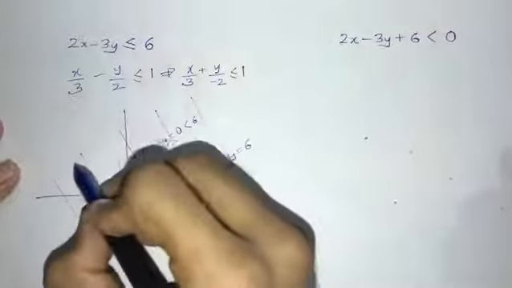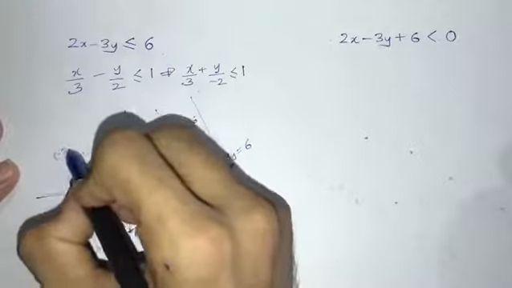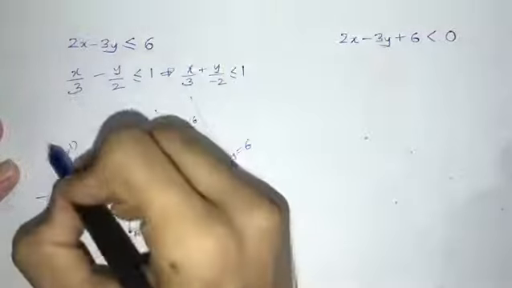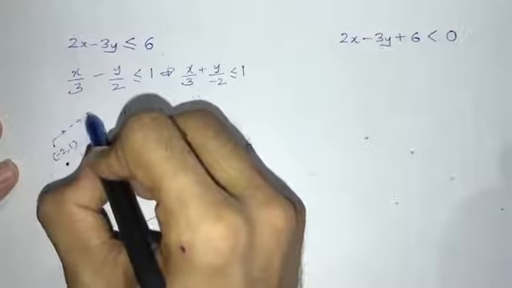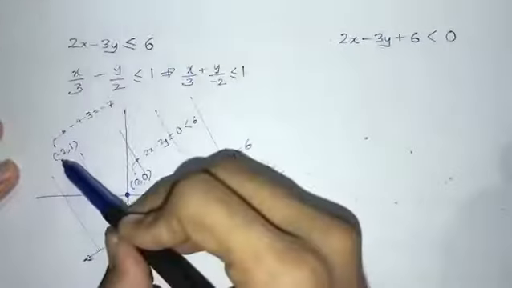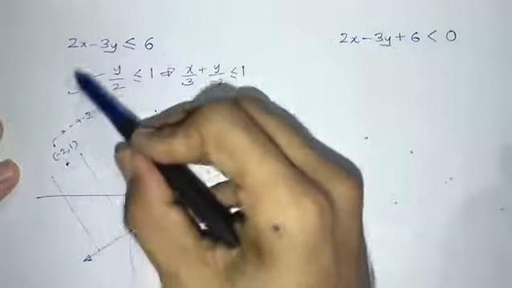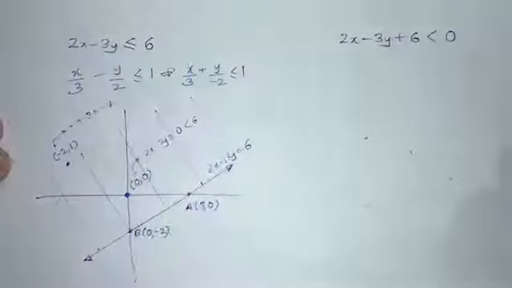We can check with different values. Let us take minus 2 comma 1. You put minus 2 comma 1 in the inequality, we get minus 4 minus 3, which is minus 7. Minus 7 less than 6 is true.